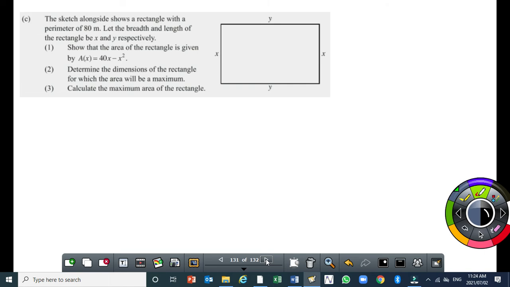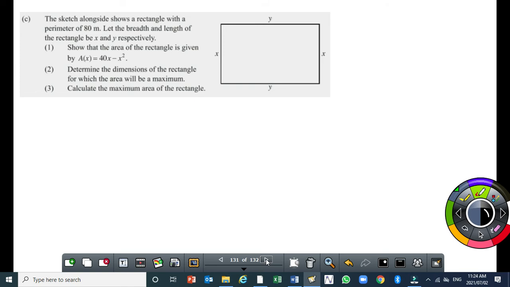Let the breadth, which is also called the width, and the length of the rectangle be x and y. So the breadth is x, the length is y. Now the first question says, show that the area of the rectangle is given by that.